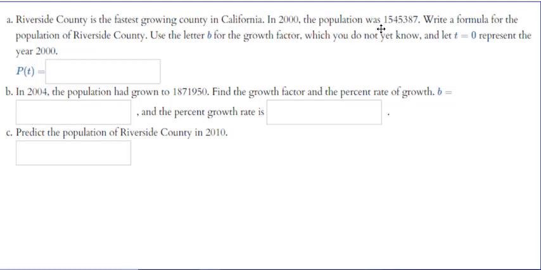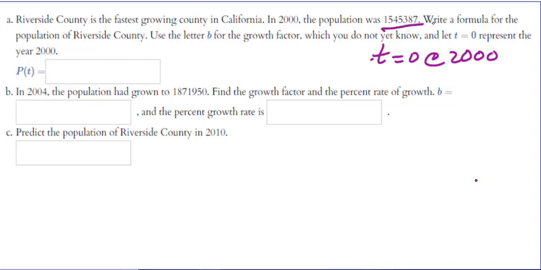In 2000, the population was 1,545,387, right? Write a formula for the population of Riverside County. Use the letter B for the growth factor, which you do not yet know, and t equals 0 represents the year 2000. So what they're doing is resetting the clock, so t equals 0 at 2000, right?